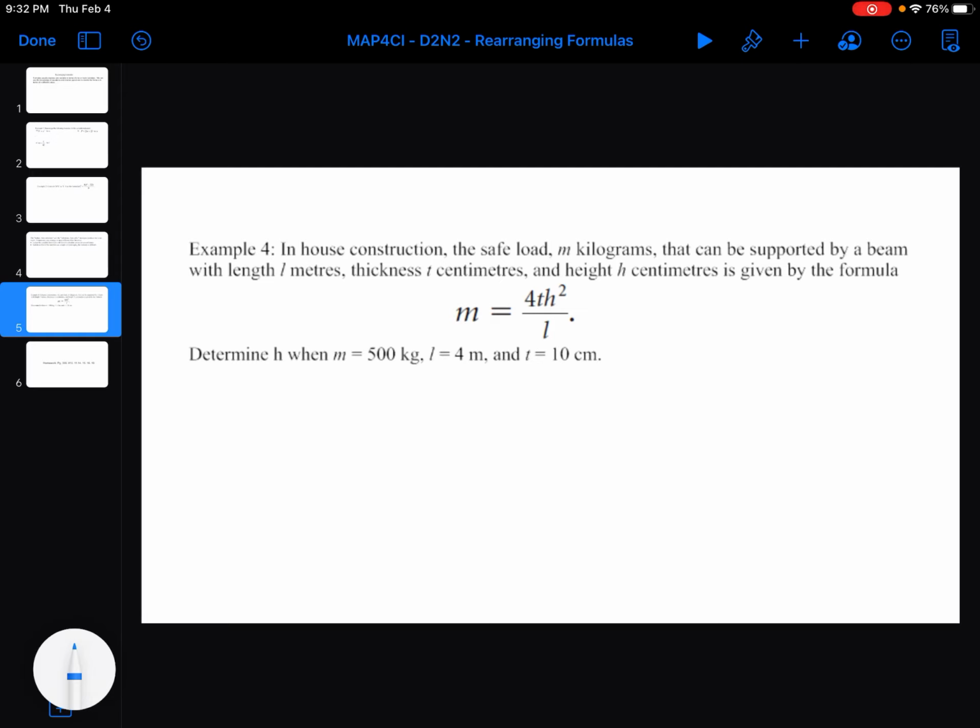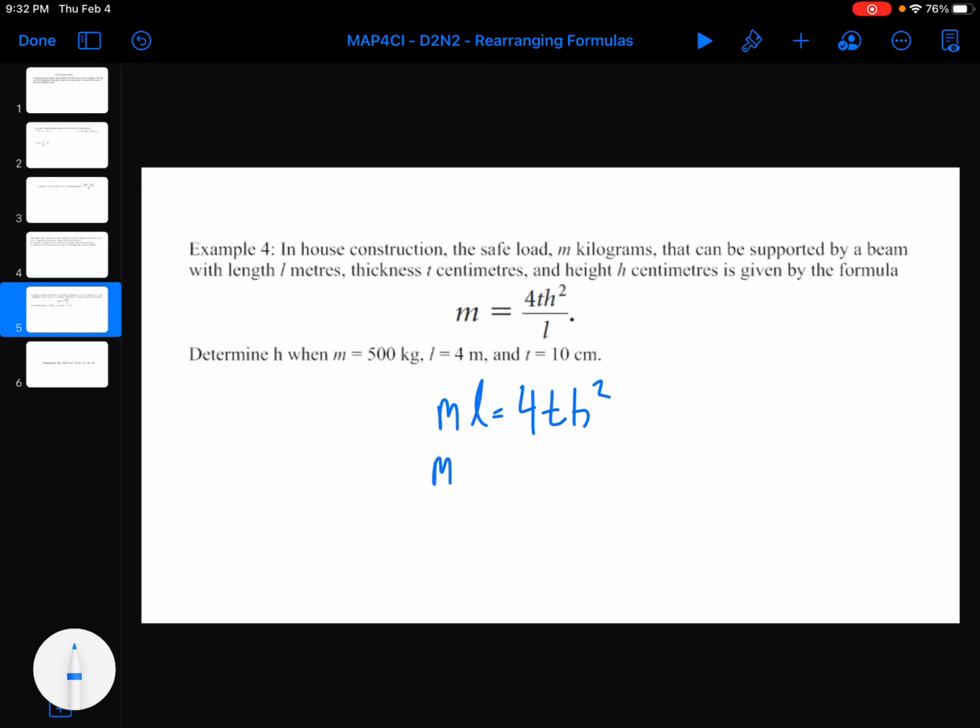If it were me, I would probably rearrange it first and then solve it. It doesn't actually matter. So what I'm going to do is rearrange for h. First thing I'm going to do is multiply the L up to the other side. So I'd get ML equals 4th squared. I'm going to divide by 4 and t all in one step because it says 4 times t times h squared.